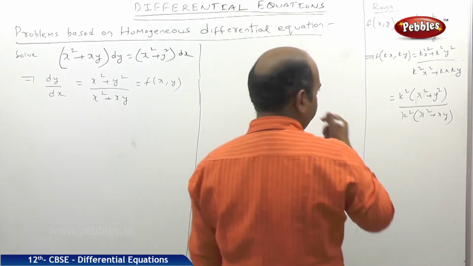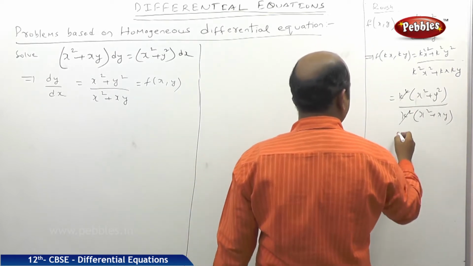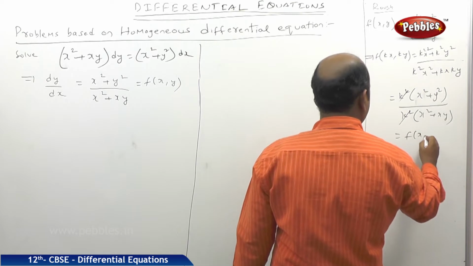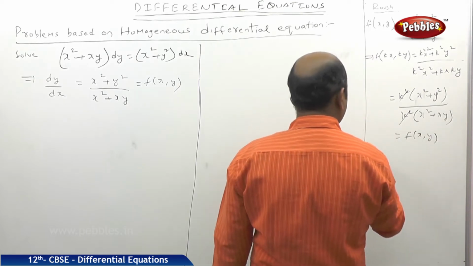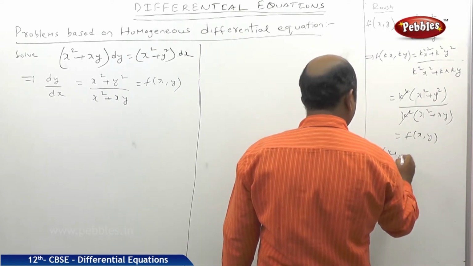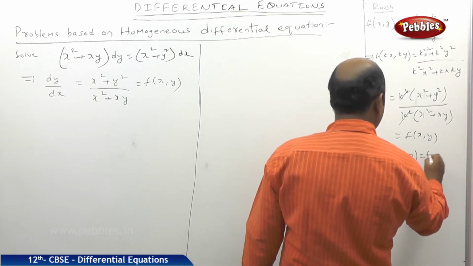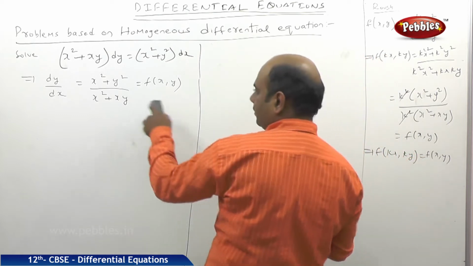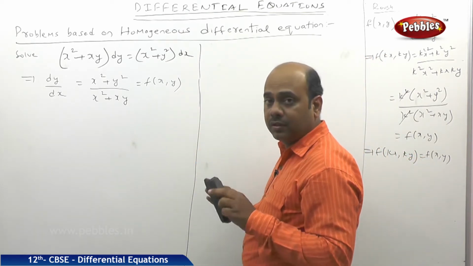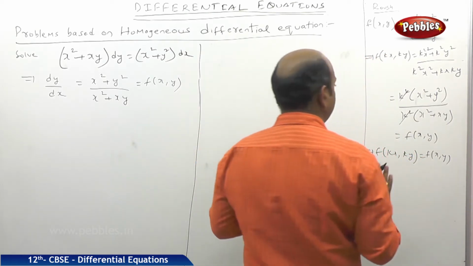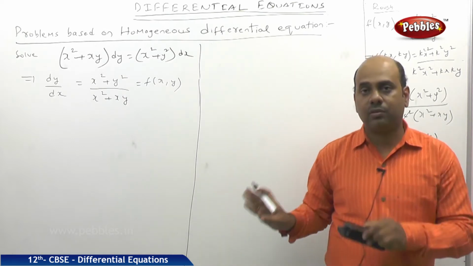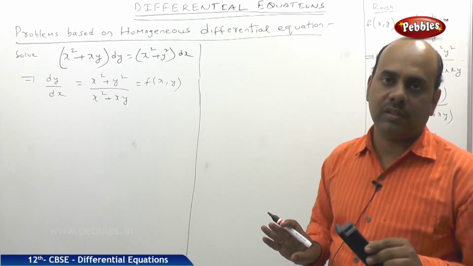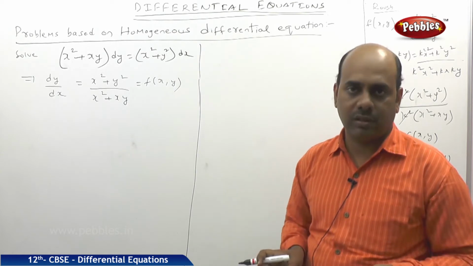If you observe carefully, all the k square gets cancelled, so there remains f(x, y). So f(kx, ky) is equal to f(x, y). So this function on the right hand side I can call a homogeneous function, and this differential equation we can call a homogeneous differential equation.